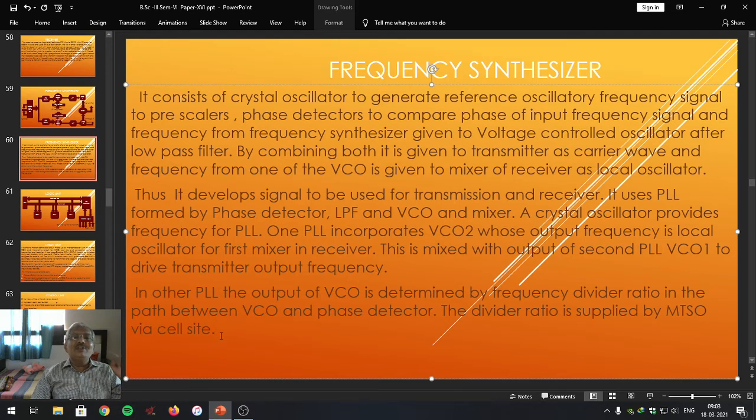As I already told you that each cell site is connected to other cell site in the cell via MTSO. MTSO provides the frequency divider ratio, how much frequency is required for that particular cell to generate the required carrier frequency and also the local oscillator frequency for the respective receiving and transmitting tower circuitries.